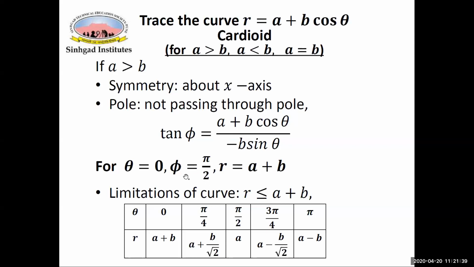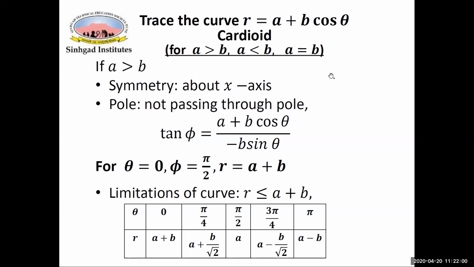Since phi is pi by 2, along the line theta equal to 0 there will be a perpendicular tangent to the curve. The value of r at 0 is A plus B because cos 0 is 1.